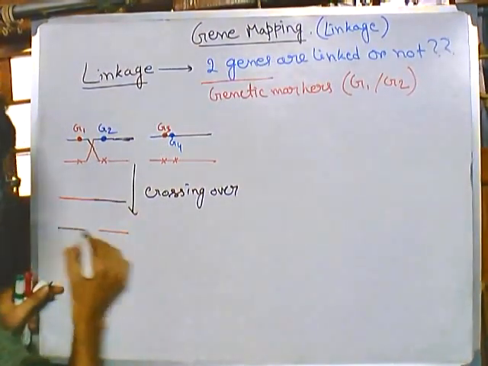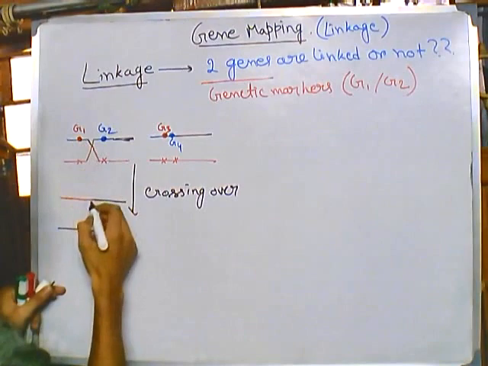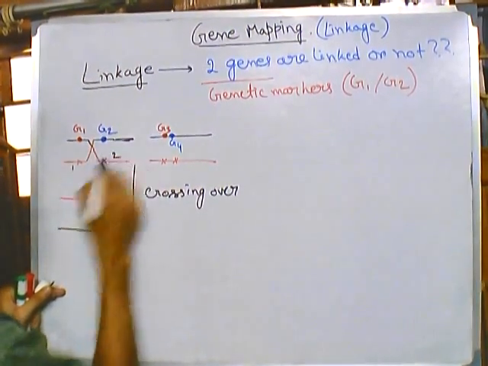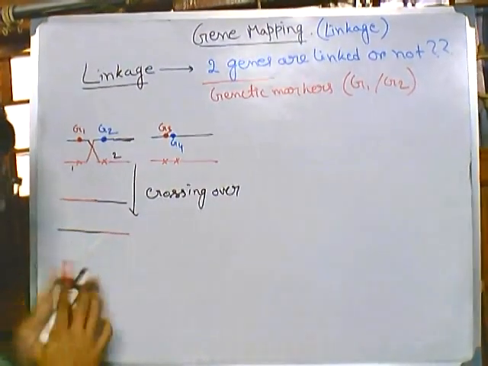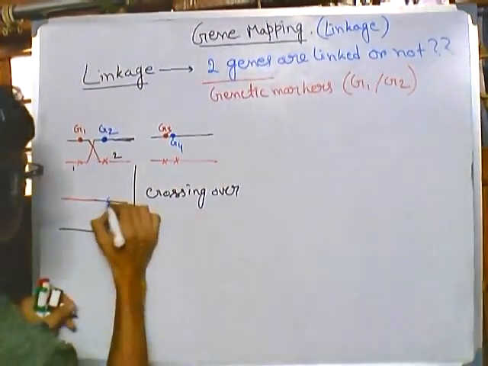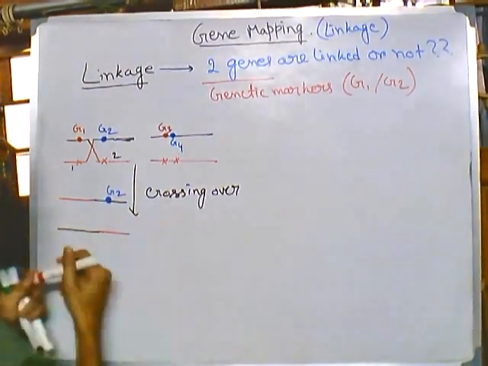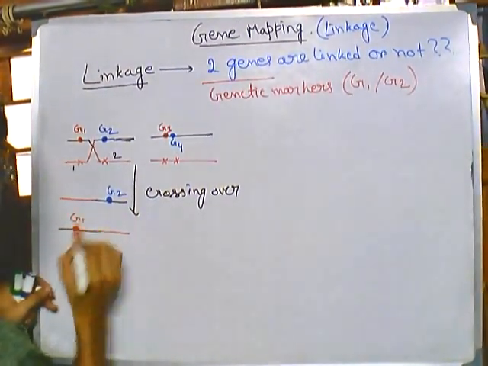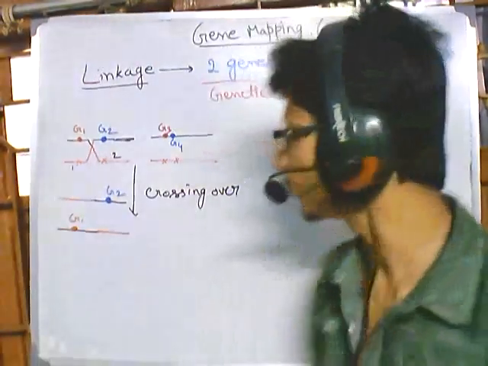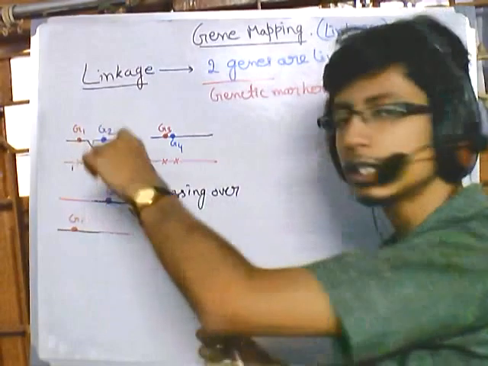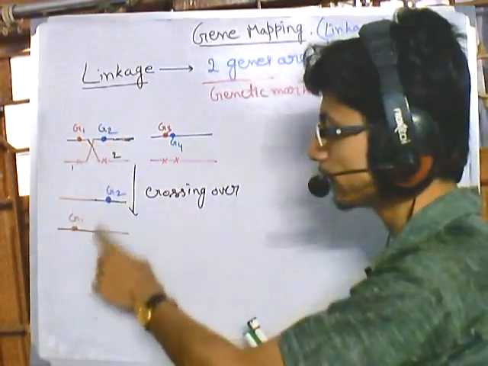So if this is the first one and this is the second one, the first one is going to receive the blue dot, G2, and this one is going to receive the red dot, G1. So utilizing the crossing over, the segment was interchanged between these two chromosomes, and they will have something like that.